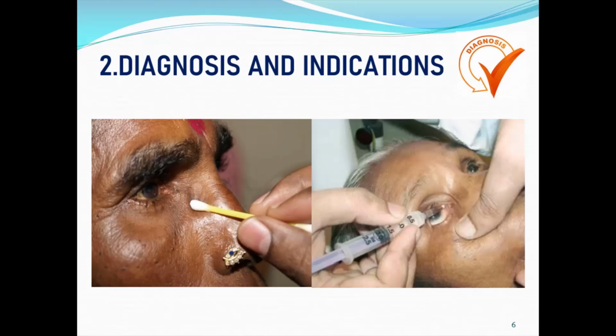Then, diagnosis and indication. Most of the time, the patient comes with discharge and watering. It can be due to various reasons. Dr. Raji elaborated on what to investigate and what to look for. A simple test, the regurgitation test, either by pressing with your fingers or with simple buds, gives a diagnosis when it is a straightforward case.